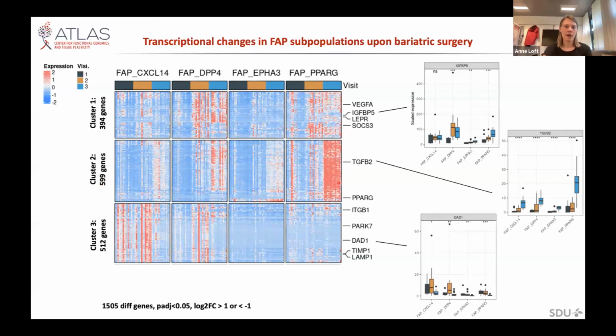And then we have this cluster of downregulated genes that is mostly downregulated upon the bariatric surgery-induced weight loss, which consists of genes linked to apoptotic processes.